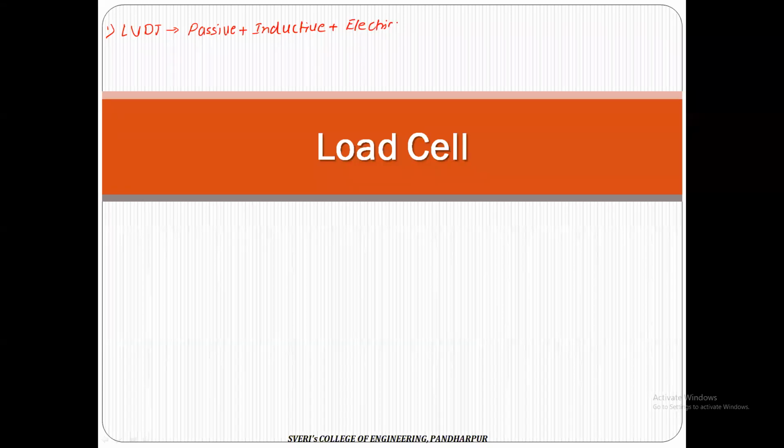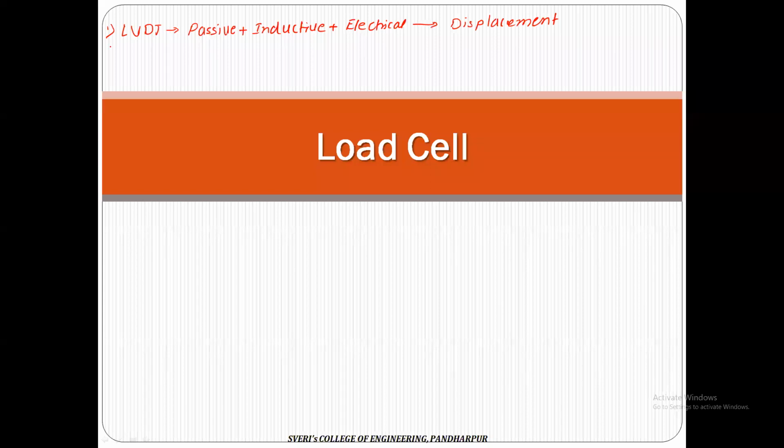Is it right? Why is it called passive? External energy source is required. Why is it called inductive? Two inductive coils are used in the construction of LVDT. Why is it called electrical? The output energy form is electrical, and it is used for the measurement of displacement.